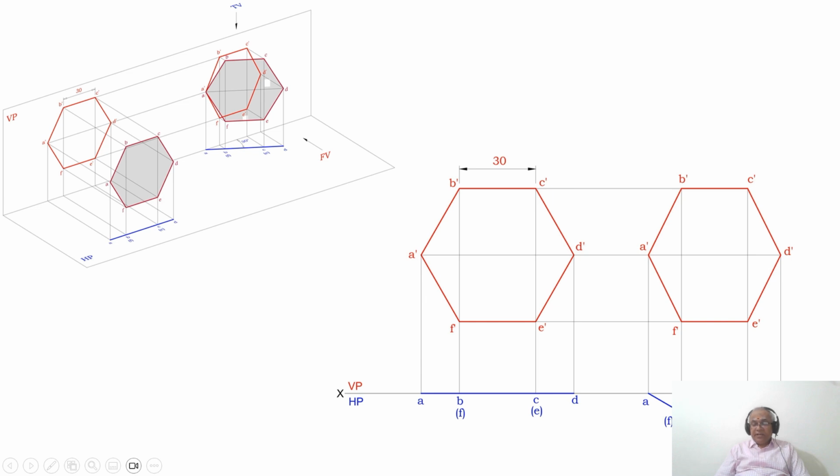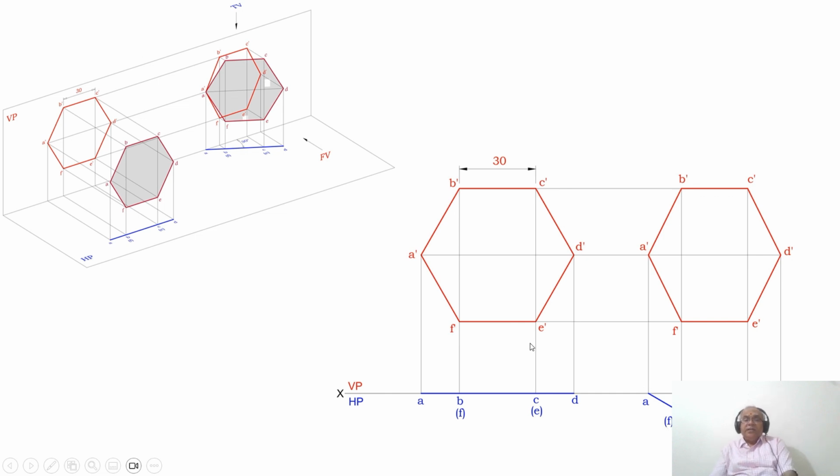Similarly, with the same radius with D as center, cut on the previously drawn line here, so that you transfer all the points. Then you transfer all these points here: A, B, C, D, E is in bracket and F is in bracket.